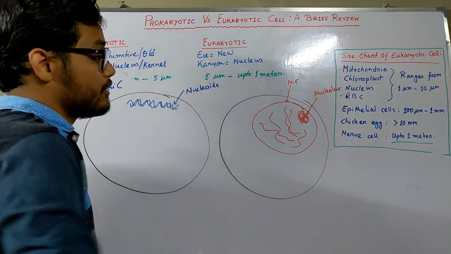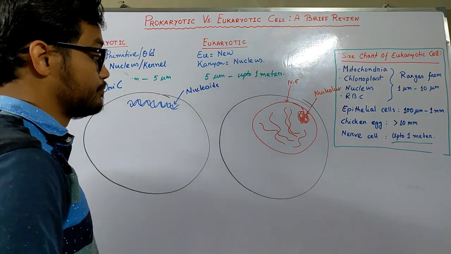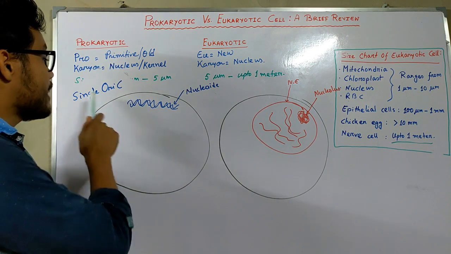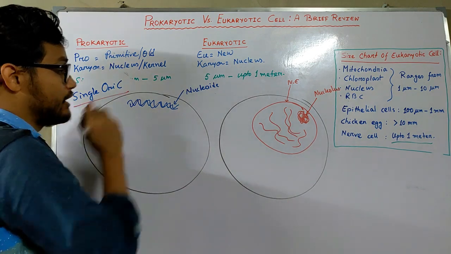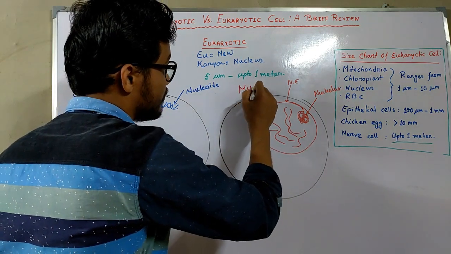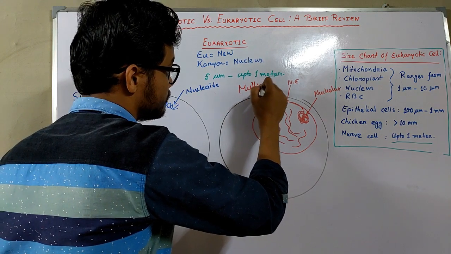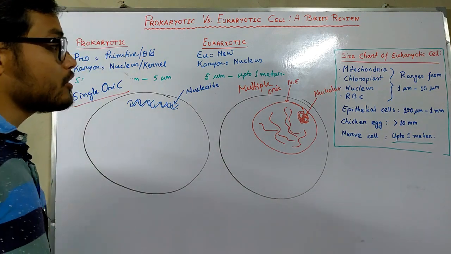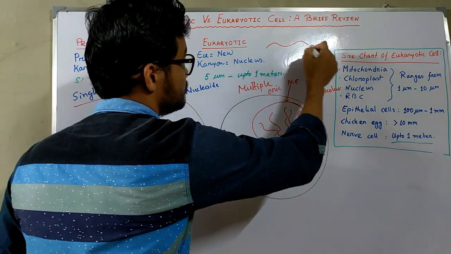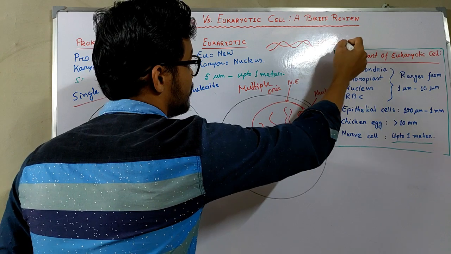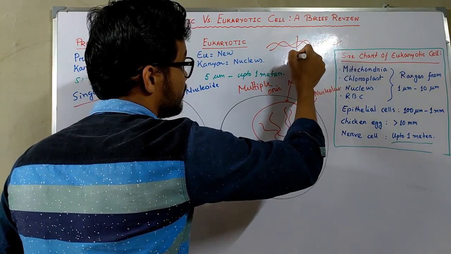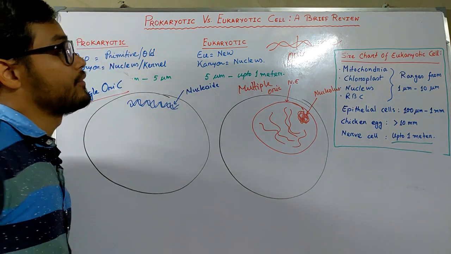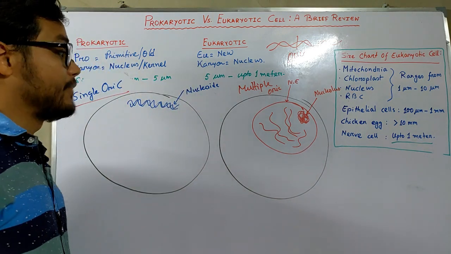In replication, prokaryotes have a single origin of replication, but eukaryotes have multiple origins of replication. The origin of replication is a point in a DNA from where replication begins.